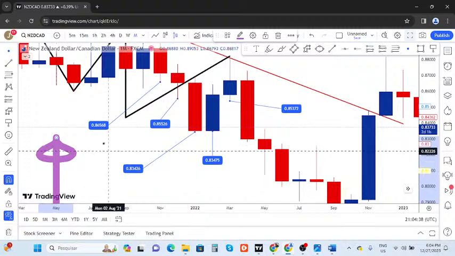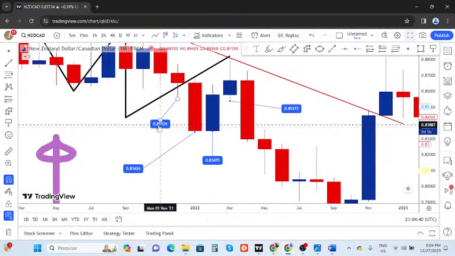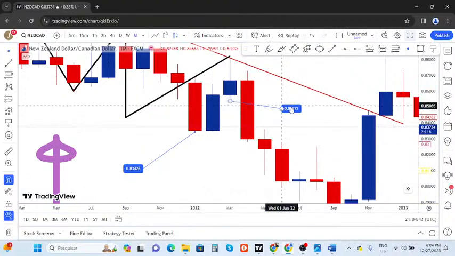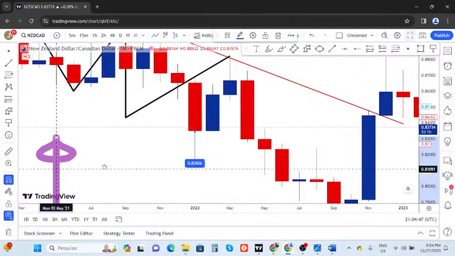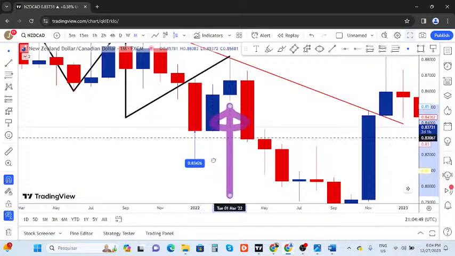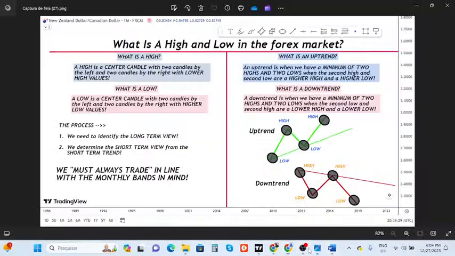So we're just going to take every other drawing out, and this one is the center candle with two candles by the left, two candles by the right with what? Let's check. With a higher low value.